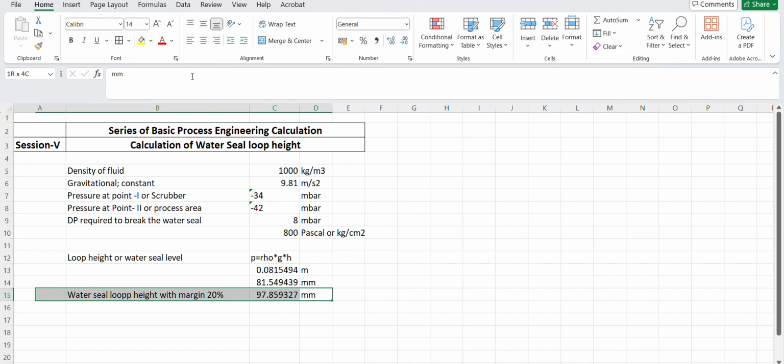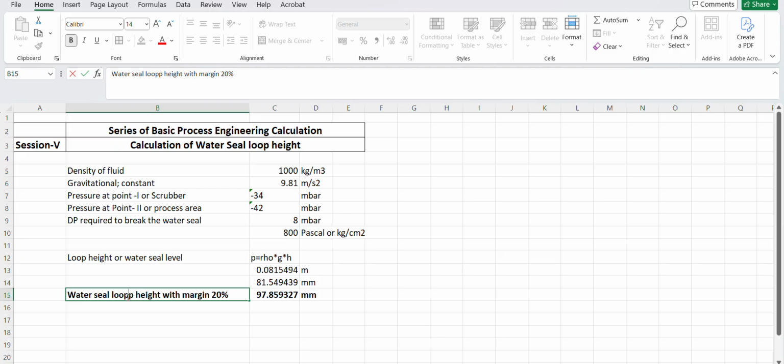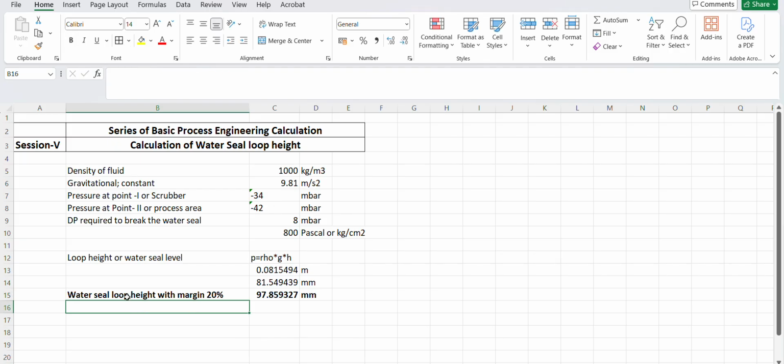So the required loop height is simply 98 mm. In this way you can calculate the loop height, whatever data you have as per your process requirement.